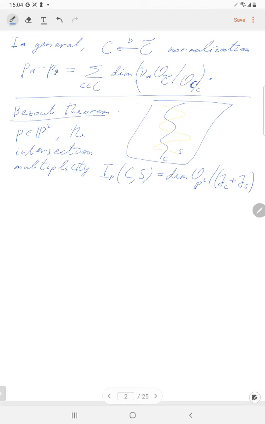Okay, and certainly if your point is not a point of intersection, then this will be just zero. I mean, the two ideals will span the whole structure sheaf.